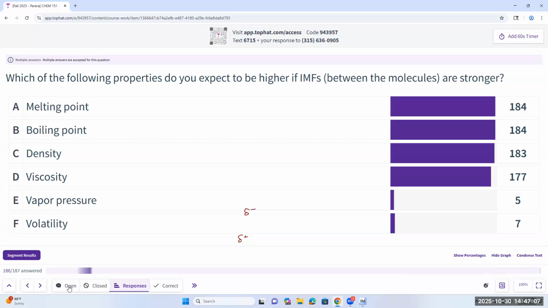Those are non-polar molecules. All right, go ahead.